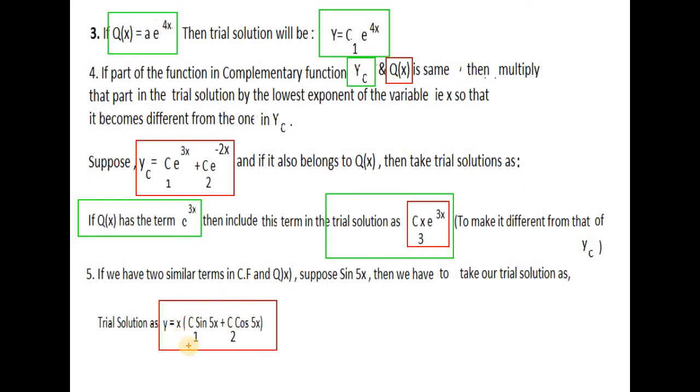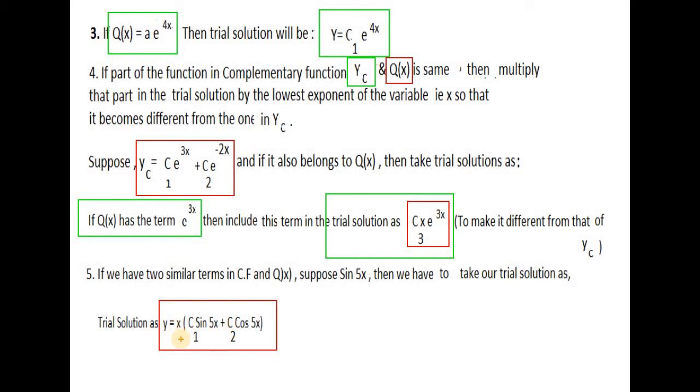To choose the trial solution, we must use sine and cos both, because we have a sine function in Q. Whenever function Q has either sine or cos, then we must include both of the trigonometric functions in the trial solution. Now here we have x.